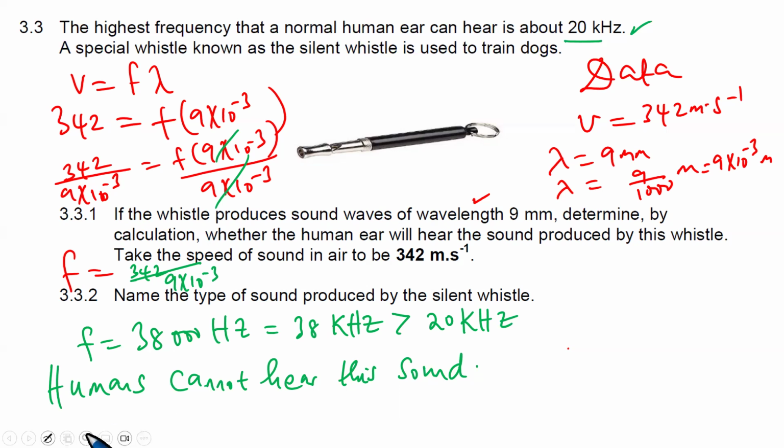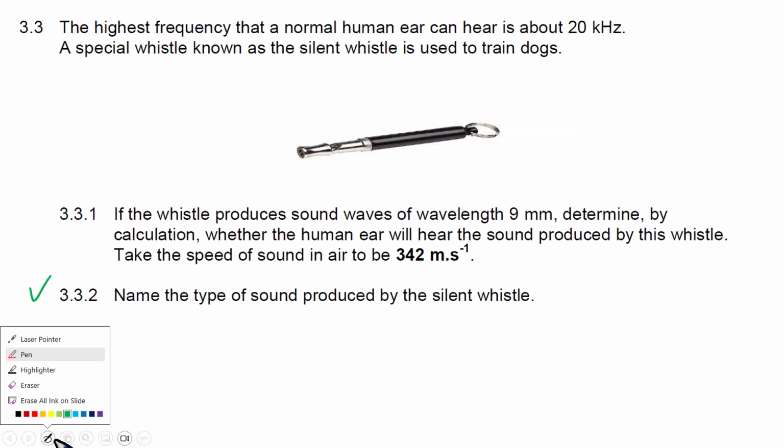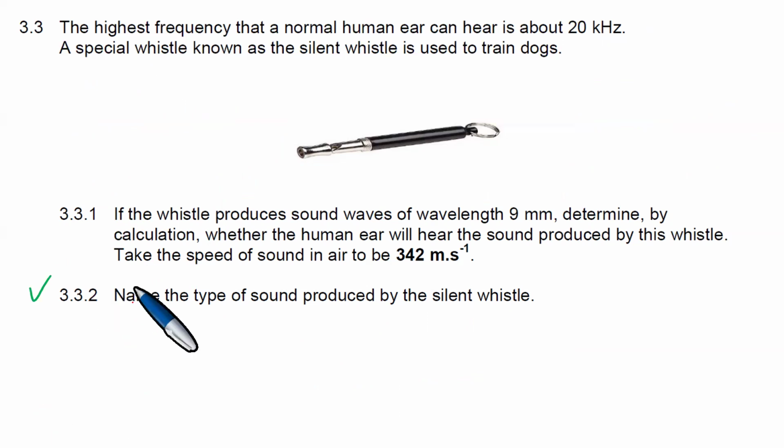Let's look at 3.2. Name the type of sound produced by the silent whistle. What is the type of sound produced by this silent whistle?